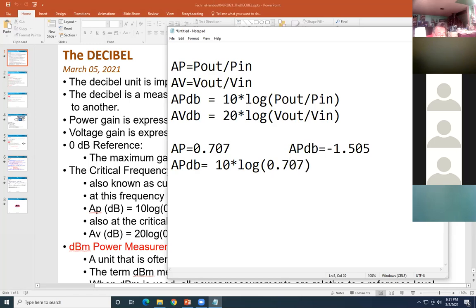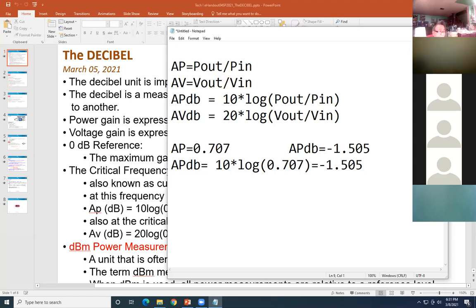So that's why they gave you minus 1.505. Any question on how to do the calculation? So far so good.